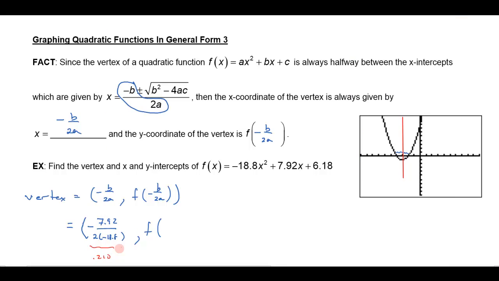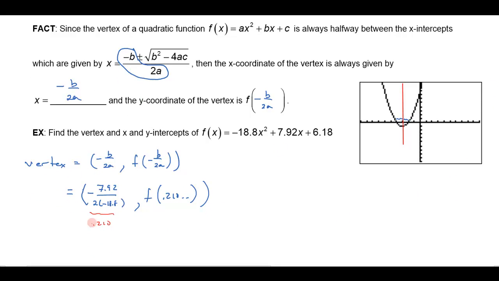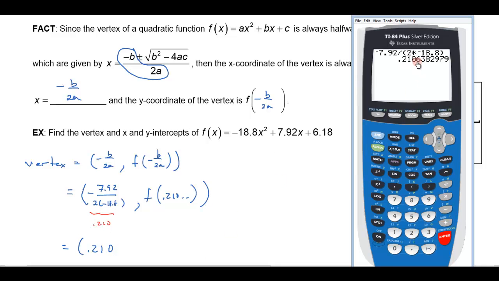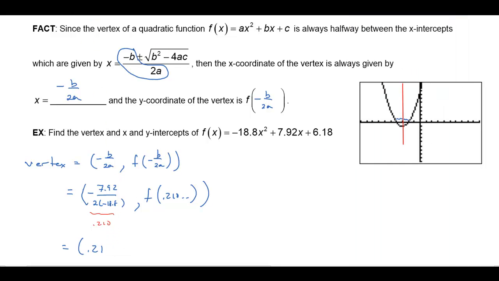If I plug that value into the function, that's going to be my y-coordinate. We'll round that off to the nearest hundredth, so let's just call it 0.21, comma, and then I want to plug that number into my function.